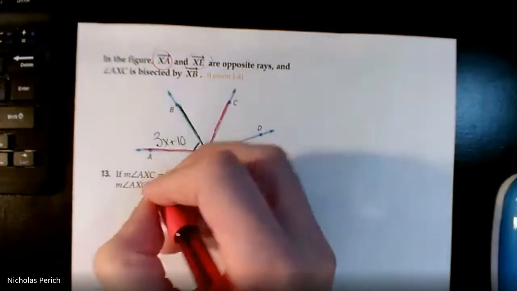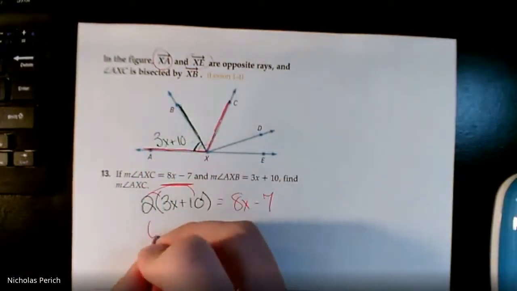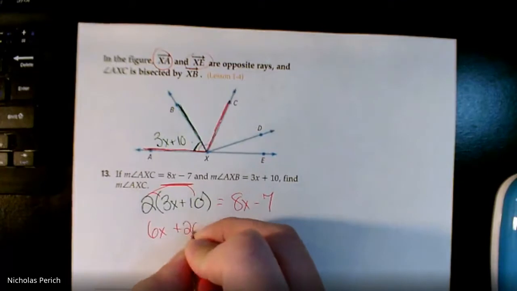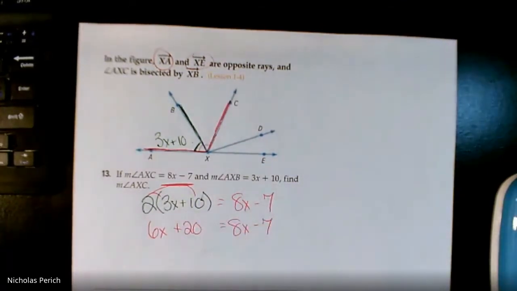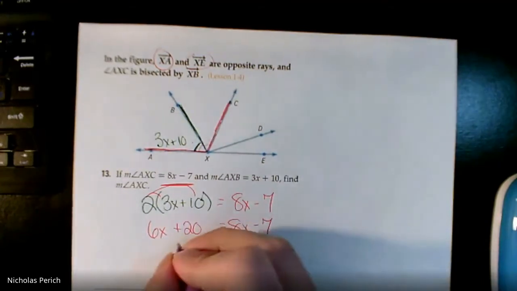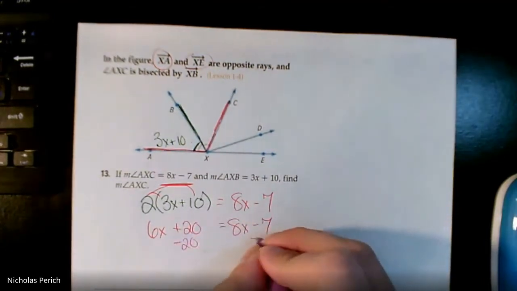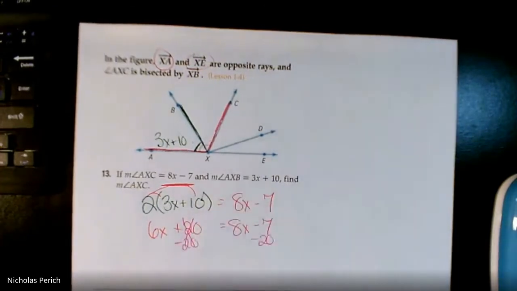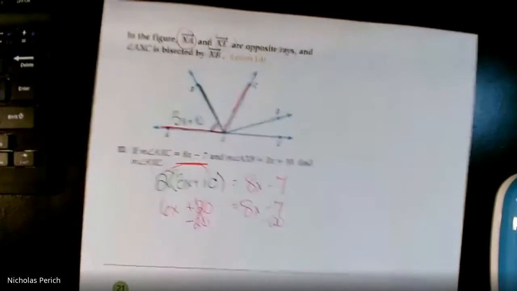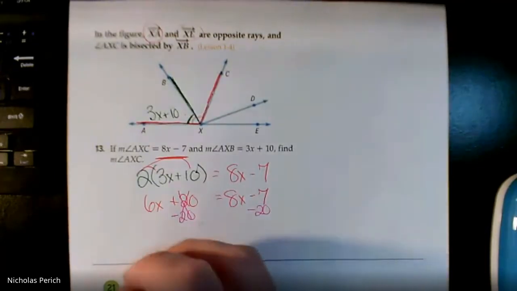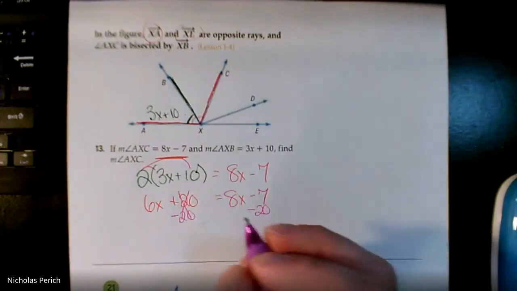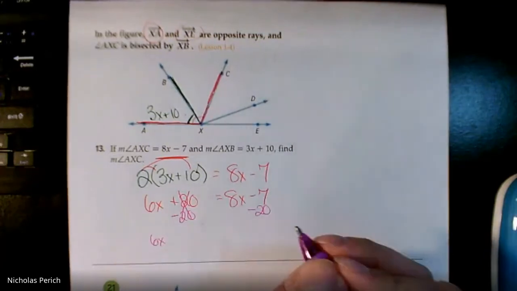When I double that part to find the whole, I use the distributive property and I get 6x plus 20. That equals 8x minus 7. I'm going to subtract 20. I mean, you should take notes if you want to take notes, but it's going to be on video anyway, so it's completely up to you. I don't know why I subtracted 20 first. That was a dumb move by me, but it's too late.